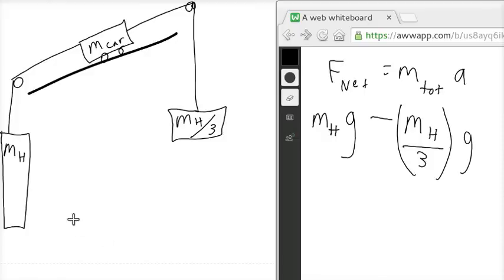Not only are both hanging masses pulling on the car, but the car now has, since there is a tilt in the ramp, the force of gravity on the car itself as a factor, because before it was canceled by the normal force of the table.